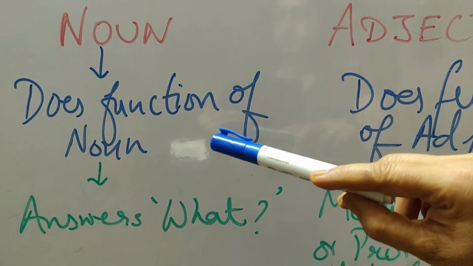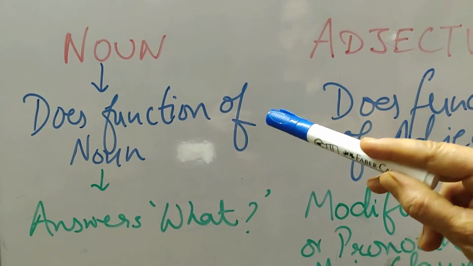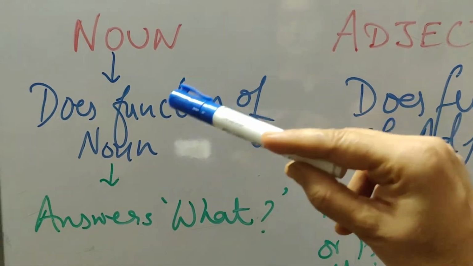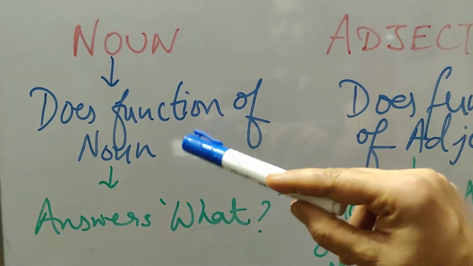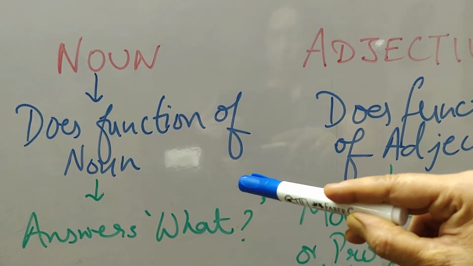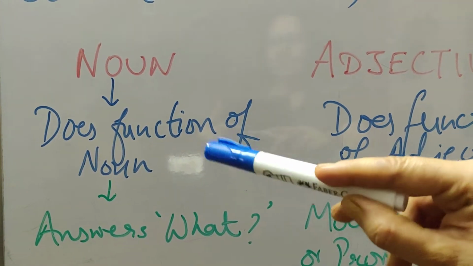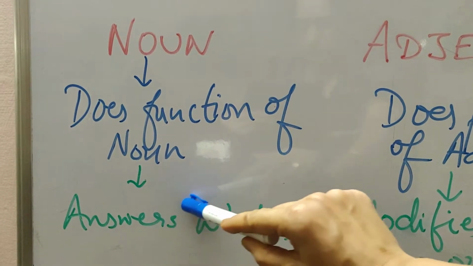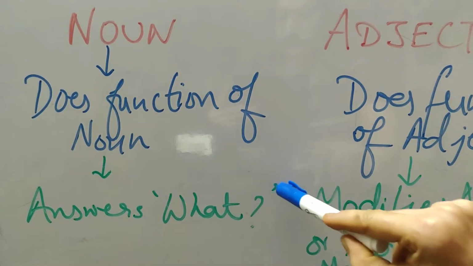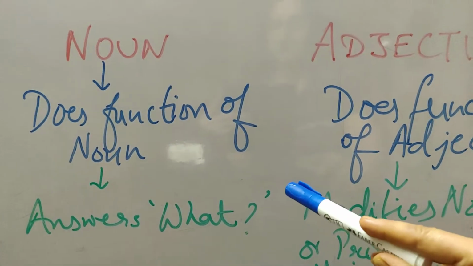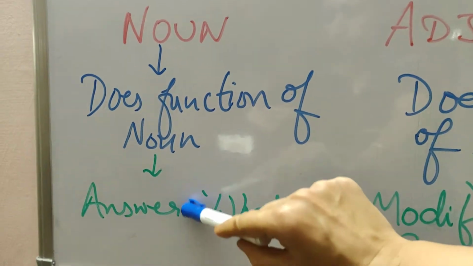So that is there, and what is it telling? If you are asking, this is the house, so naturally you will be asking the question what, and what is answering what in this sentence? That hosted the party is answering what.